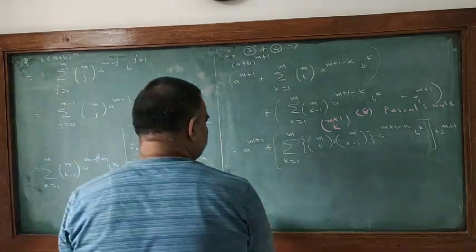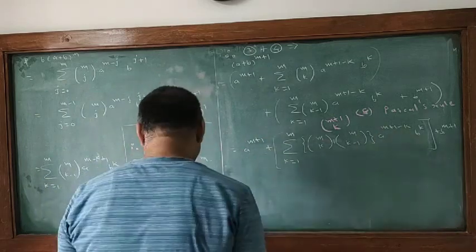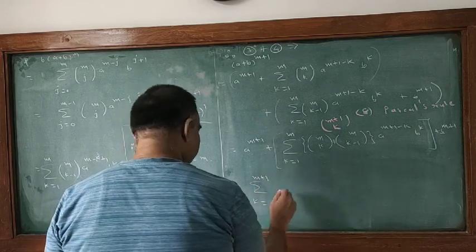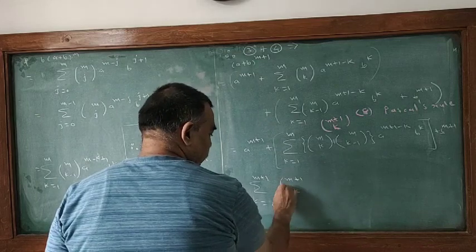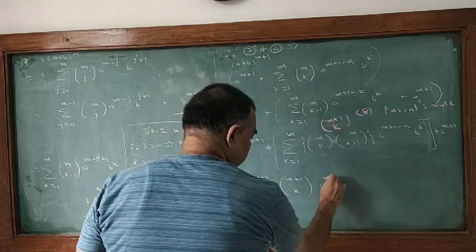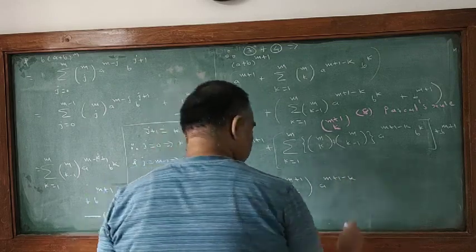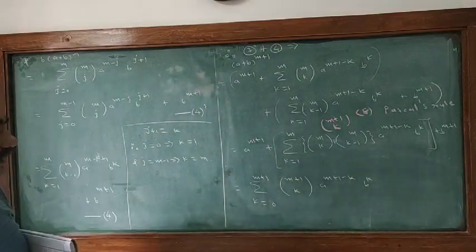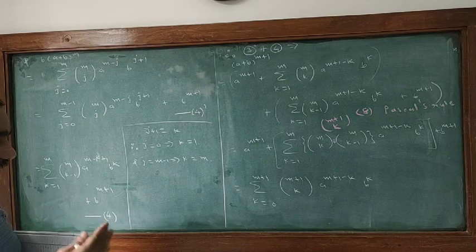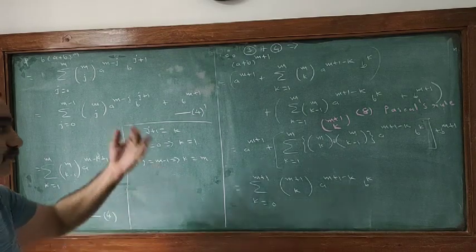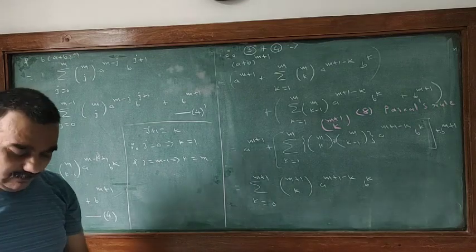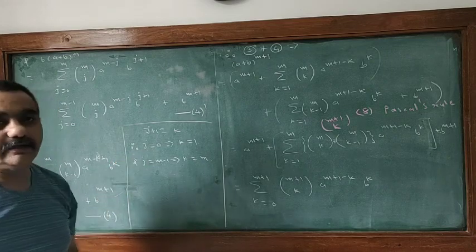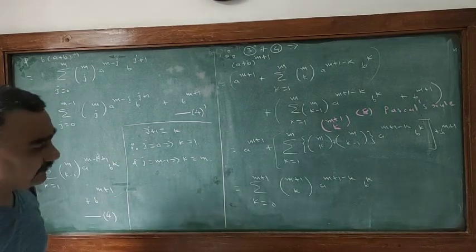And therefore, if we combine all in all, sigma, therefore this formula is true for n equal to m plus 1, and by induction we say that it is true for all n in N, and therefore this binomial theorem is true for all n in N.